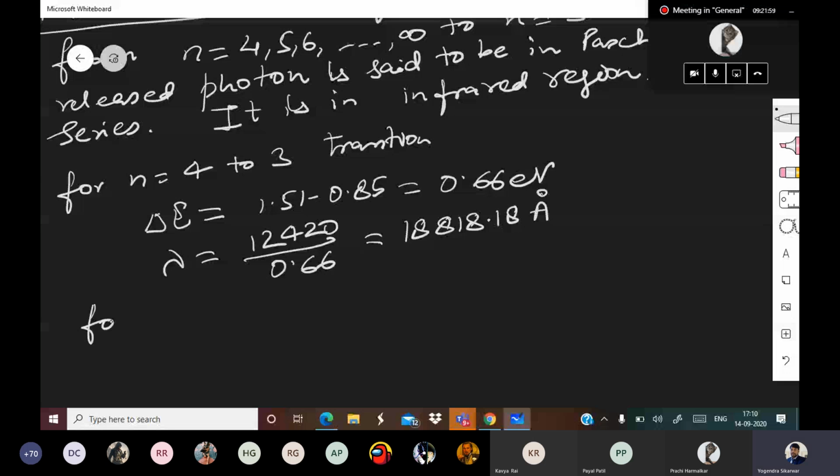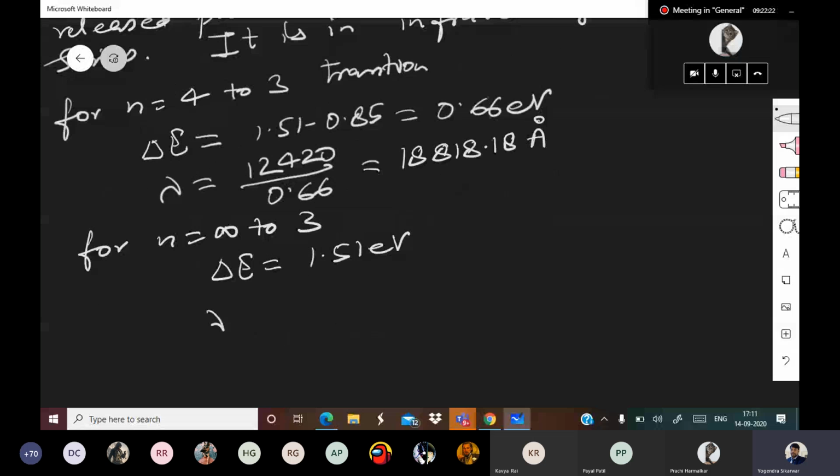Now for n is equal to infinity to 3, delta E in that case will be 1.51 eV.